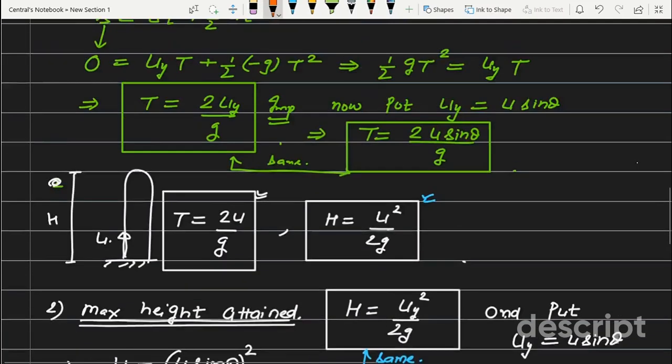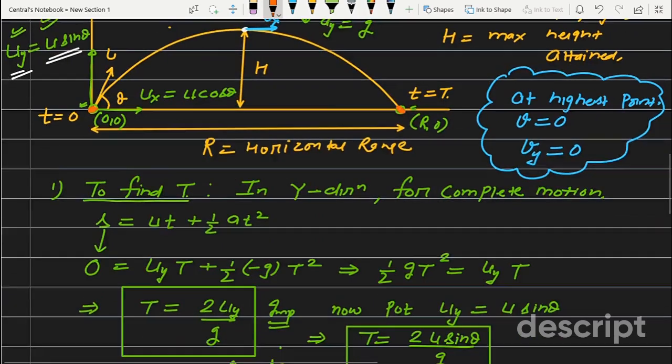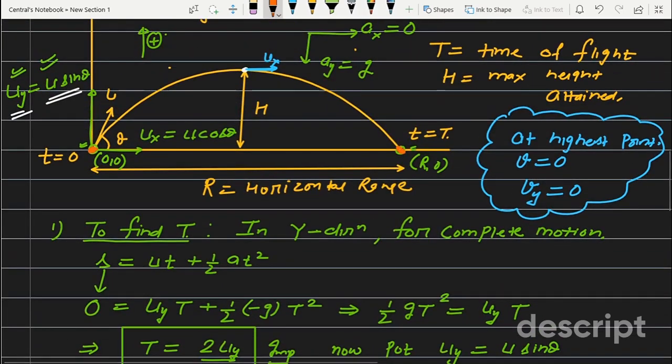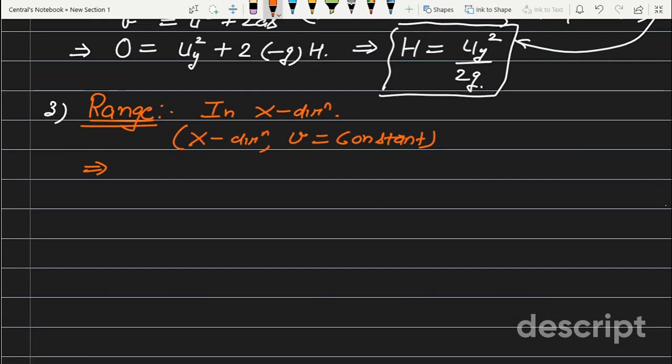In the x direction, tell me, what is the displacement? The particle starts from this point and falls at this point. The displacement in the x direction is equal to r. The velocity in the x direction is ux. And time taken is t.